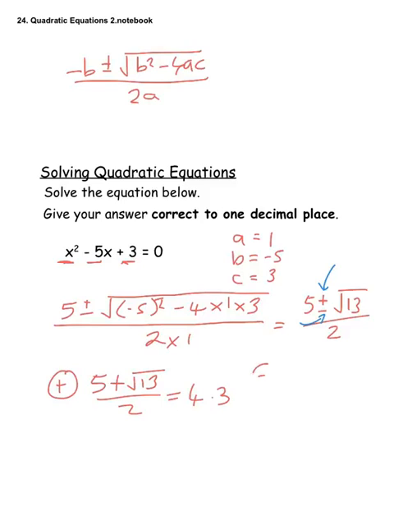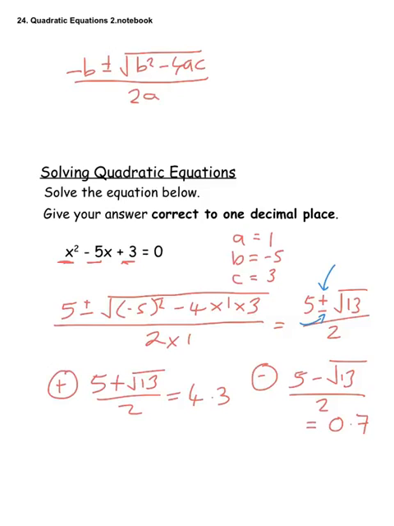And the minus version, 5 minus root 13, all divided by 2, is equal to 0.7.